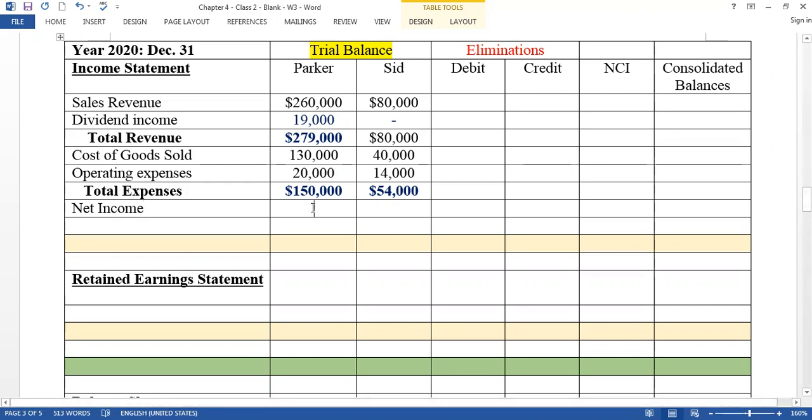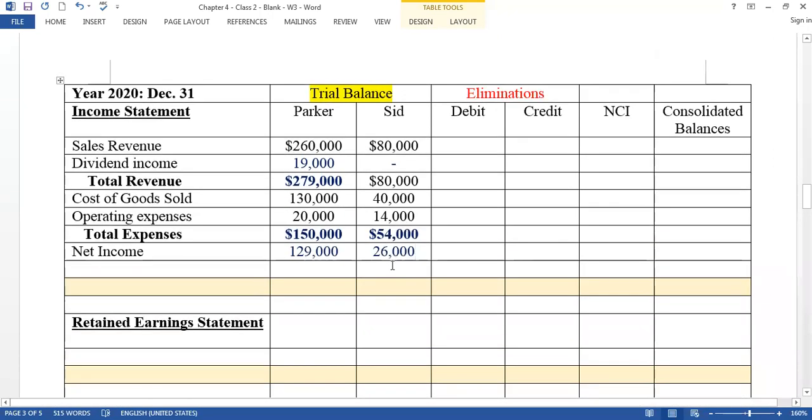Now the net income is $129,000 for the parent company, and for the subsidiary company it is $26,000. Okay, do you understand up to here?